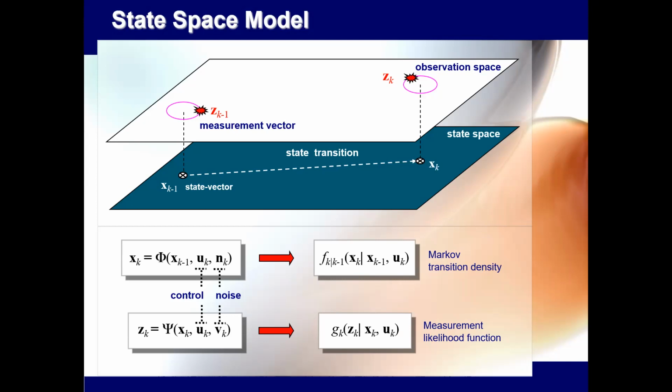When we describe the state space in 2D for the location of the object, we can model the movement of the object. At time k equals 1, there's a location in the state space, but at time k, the object might move forward, and we can describe it in this diagram.